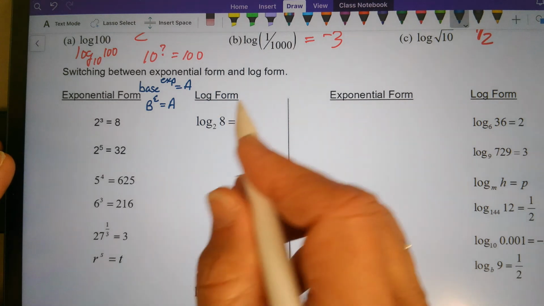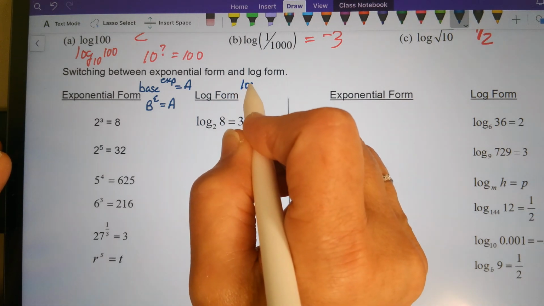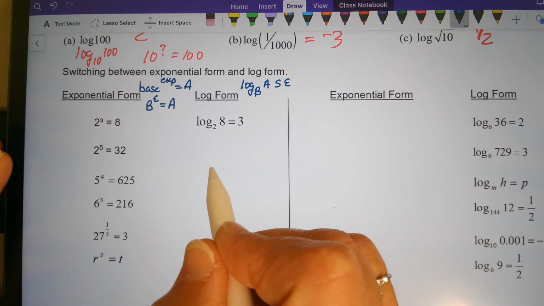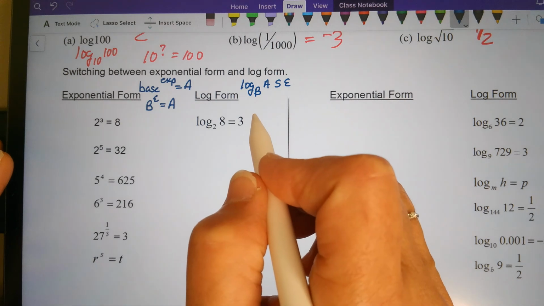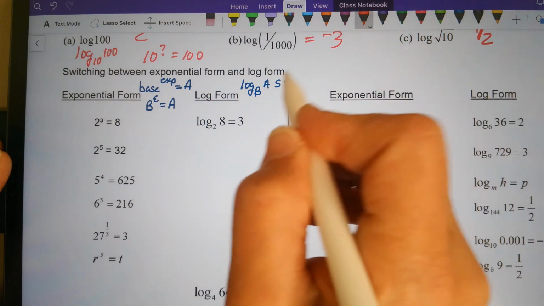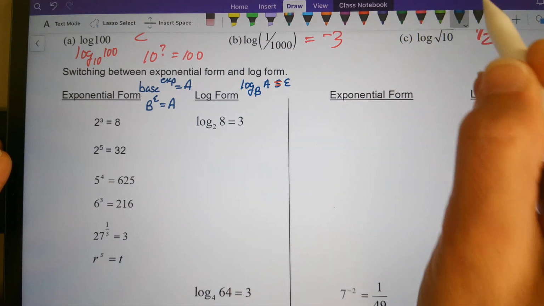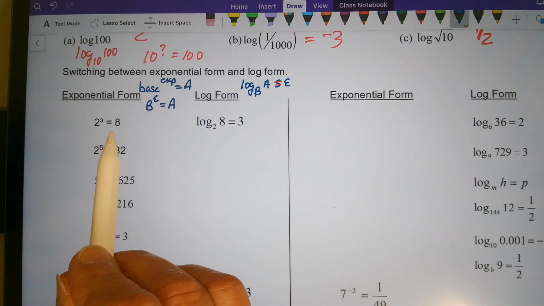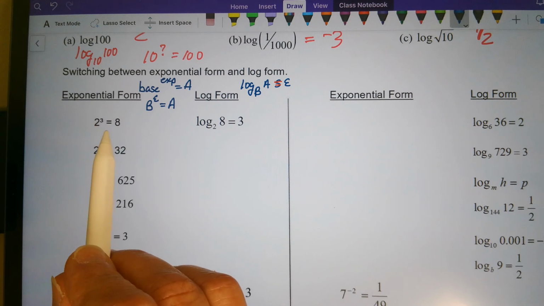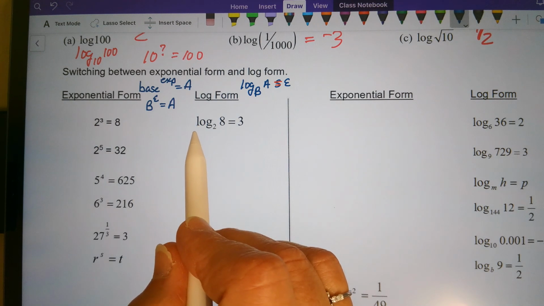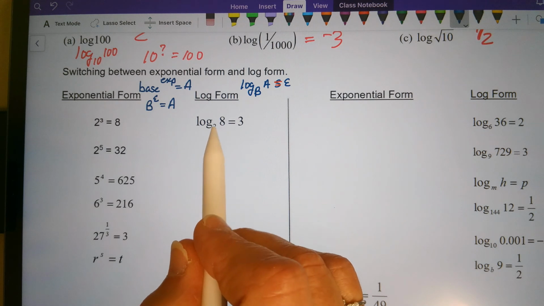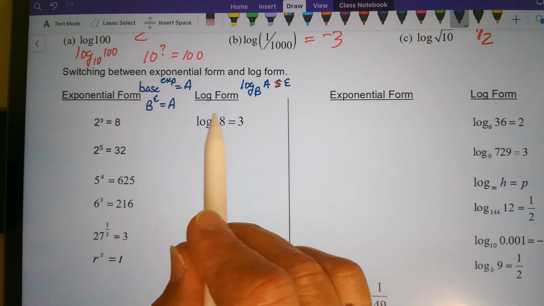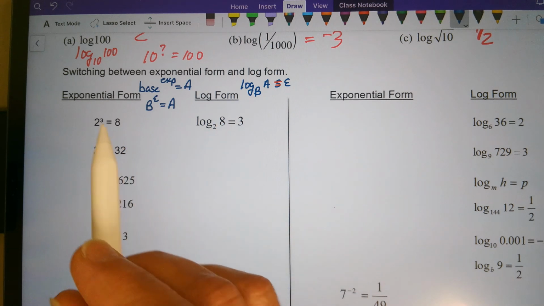To switch to log form, we spell out the word log base, and the S stands for equals. The first one is done for us. 2 to the power of 3 is equal to 8. So in log form, this is log base 2 of our answer, 8 equals 3. That's correct, because 3 is the exponent on 2 that would result in 8.